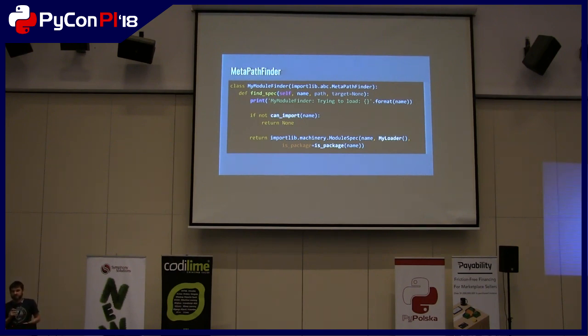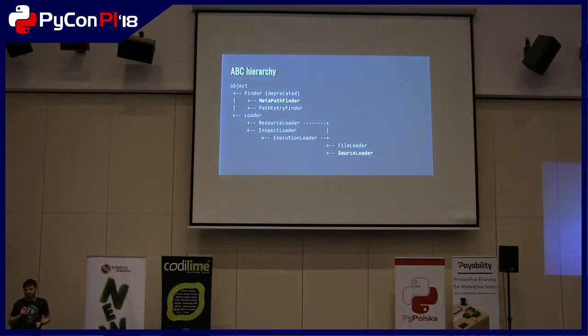From this boilerplate code, what you need to implement yourself is the can_import method, the MyLoader, obviously, because you will have to use a loader for all those things, and another function that will say if what we are asking to import is a package or if it's just a module. A package can have sub-packages and modules inside. So that's the finder part.